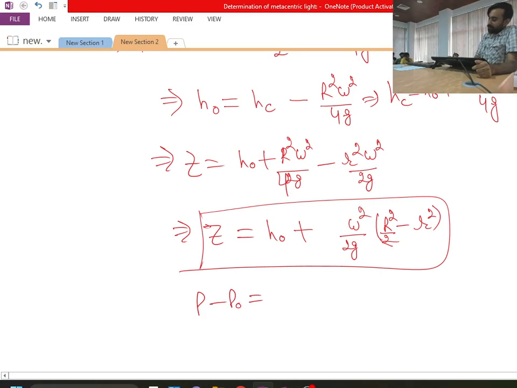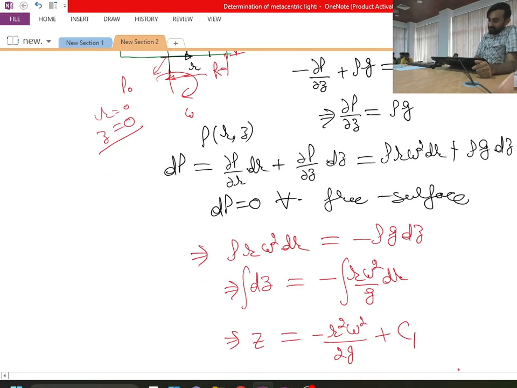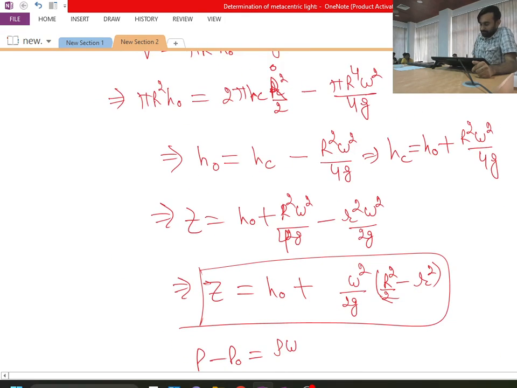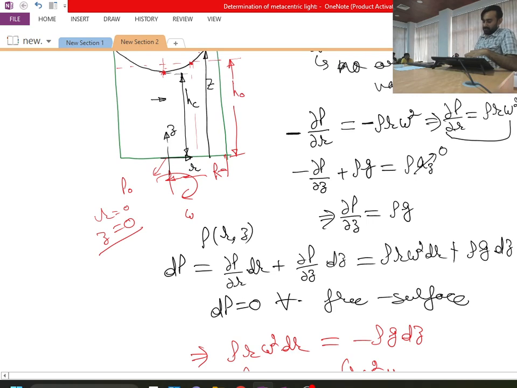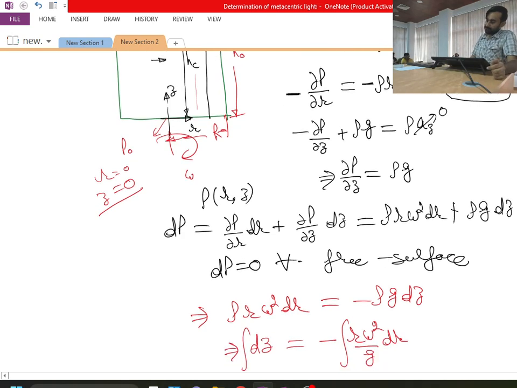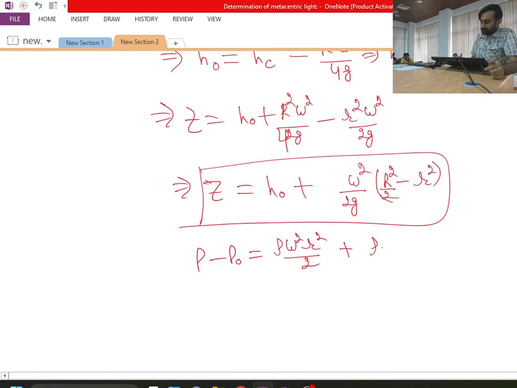P minus P naught equal to rho omega square r square by 2, with positive sign, plus rho g into Z. Okay, so this is my pressure at any point with reference to the P naught.